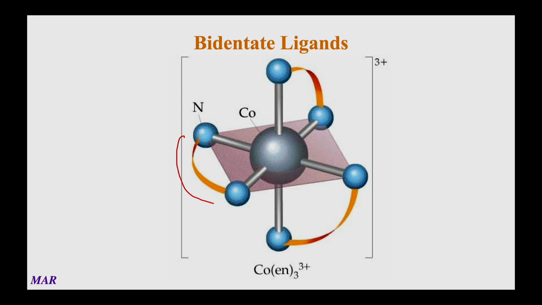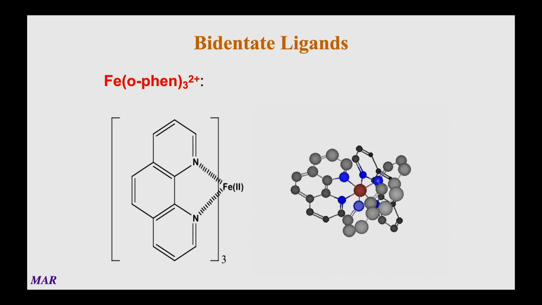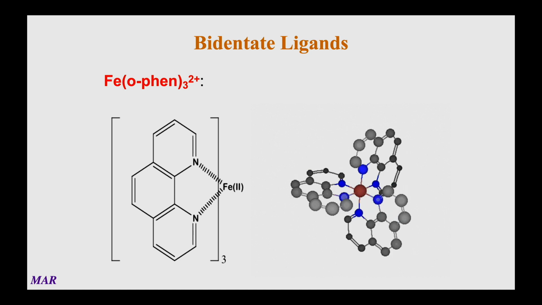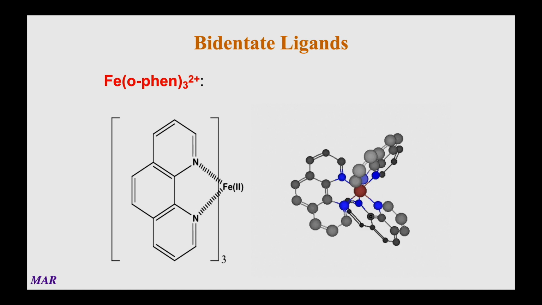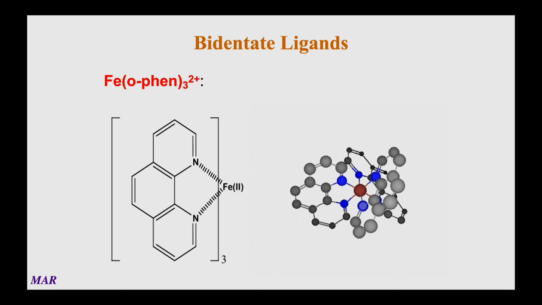Again, ethylene diamine is a neutral molecule like ammonia, so it doesn't affect the charge. Cobalt +3 can put 3 ethylene diamines around it and still be +3. Here's an example of where someone was able to put 3 orthophenanthrolines around an iron +2 center. Now, orthophenanthroline is also a neutral molecule, so it doesn't affect the charge.